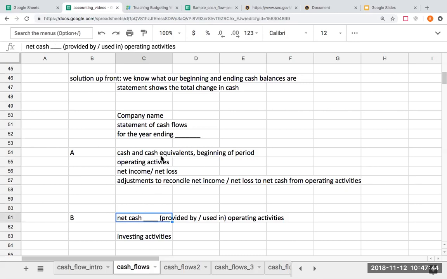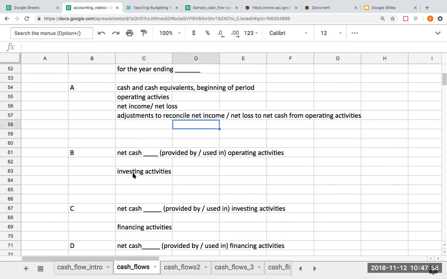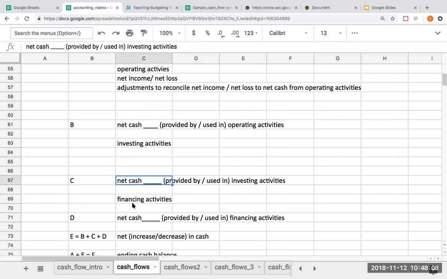When I'm preparing the statement, if the number is positive, it is going to be provided by. If the amount from operating activities is negative, it's going to be used in. Then I come up with my investing activities, and we'll look at examples a little bit later. Then I have my net cash either provided by or used in investing activities, and financing activities.